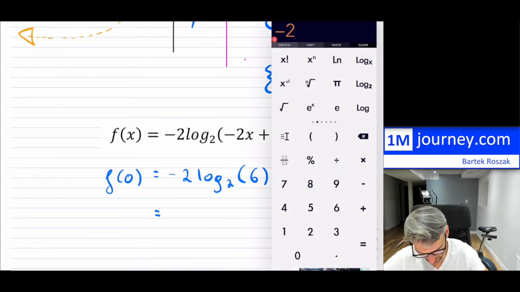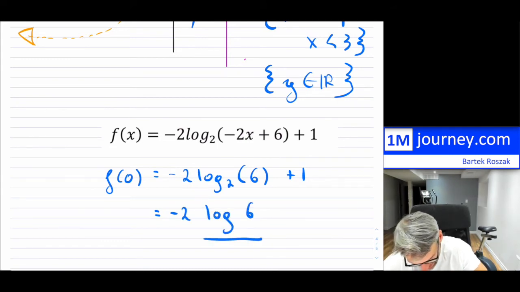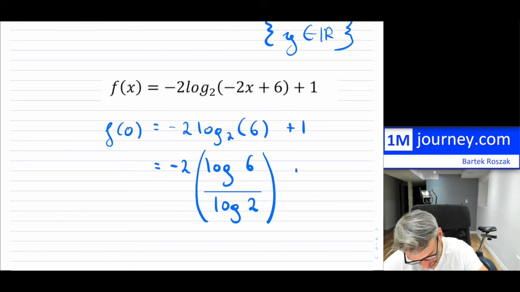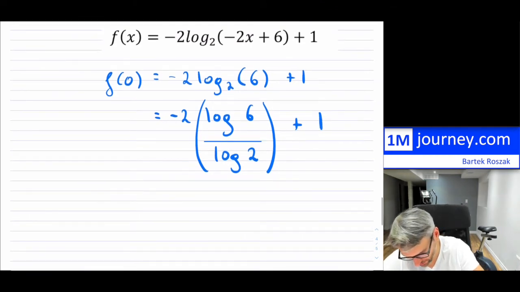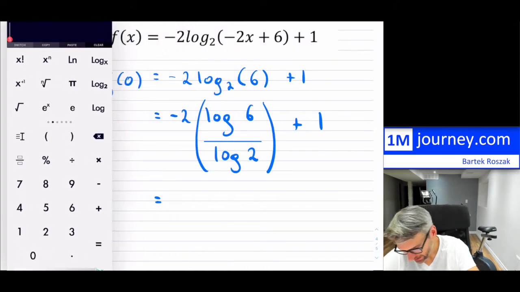So -2 times log, actually this is log of base 2. Hold on, let me just rewrite this again using properties. So this is going to be log of 6 divided by log of 2. That comes from the properties. We have to multiply by -2 and then plus 1, like so. So let's first do the log.